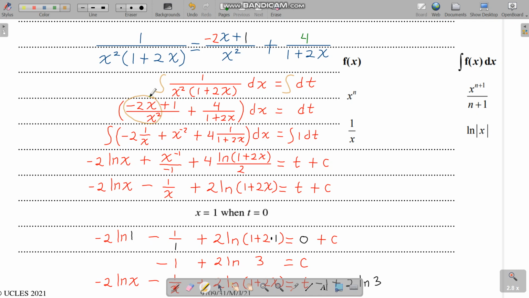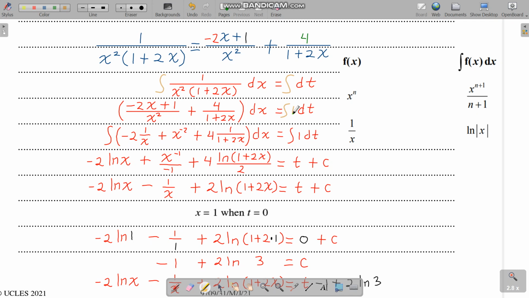So we split this fraction, we get minus 2 over x, or minus 2 times 1 over x, and from here we get 1 over x squared, or x to the power of minus 2, and from here it's just 1 over 1 plus 2x. And when we integrate nothing, this means there's 1 here.